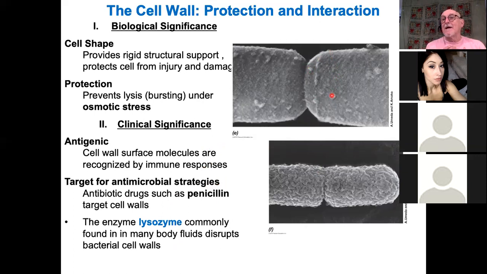We also have a natural system. In tears, in saliva, in mucus, we possess a compound called lysozyme. It's an enzyme that breaks down the cell wall of bacteria. And the same thing happens: the cell walls break down and the cells burst because of osmotic pressure.